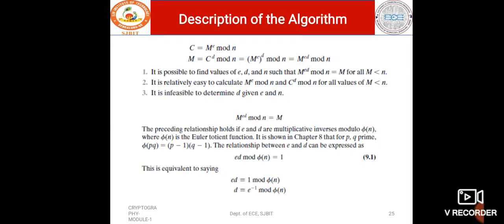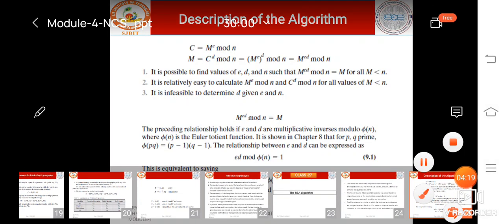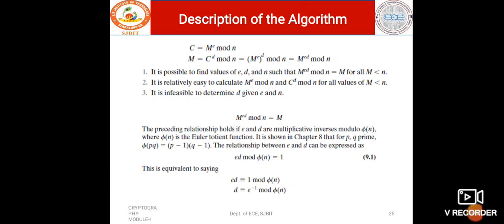For this algorithm to be satisfactory for public key encryption, the following requirements must be met. First, it is possible to find the values of e, d and n such that M power e d mod n is equal to M for all M that is less than n.